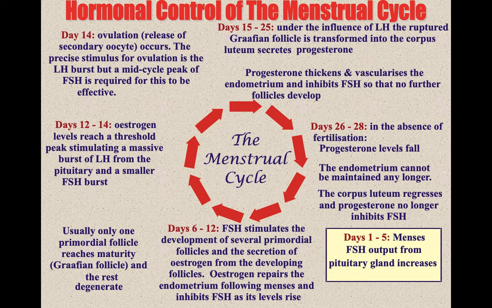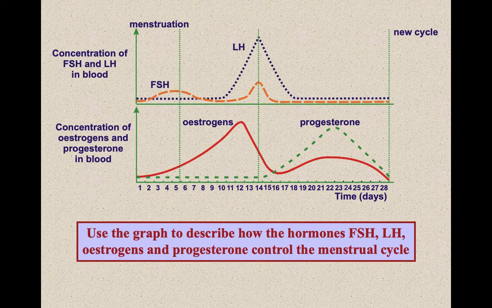My advice, if you are completing this assignment, is that instead of just looking at this explanation and trying to reword one sentence at a time, because that's going to lead to high similarity, move to the next slide, where you just have the diagrams showing you levels of the 4 hormones, and try to recreate your own explanation.